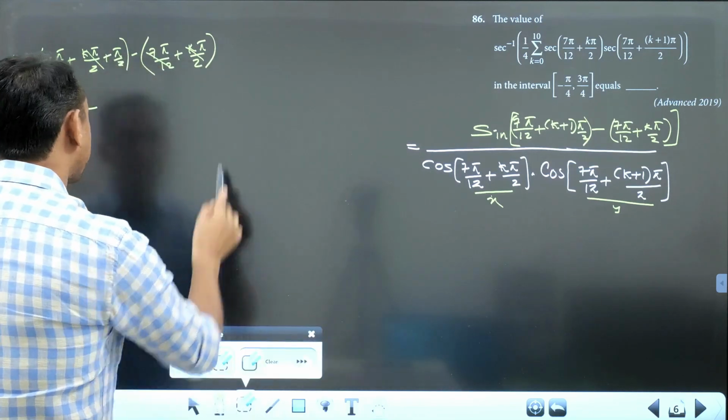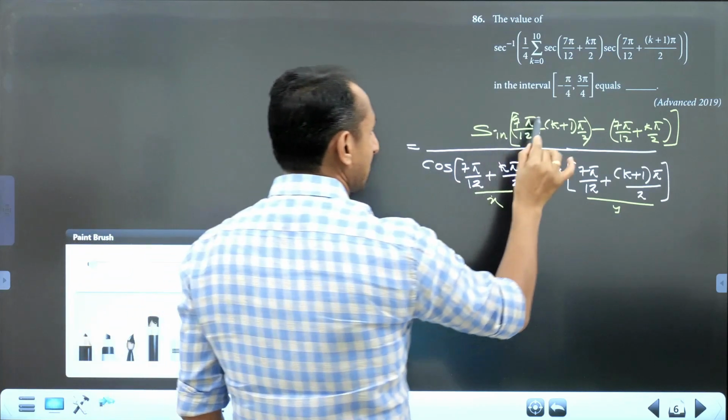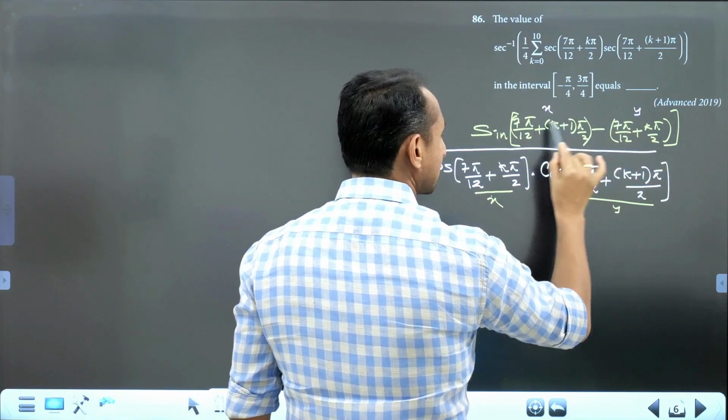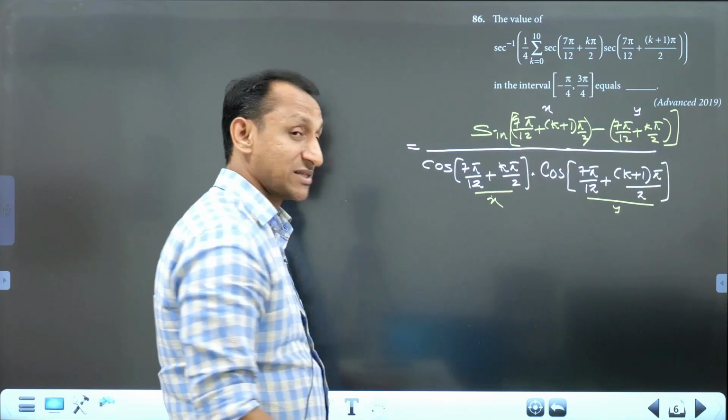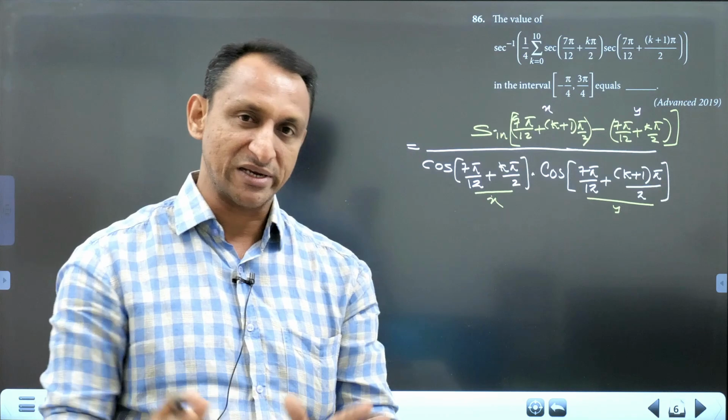Then we expand using the identity: sin of x minus y is equal to sin x cos y minus cos x sin y.